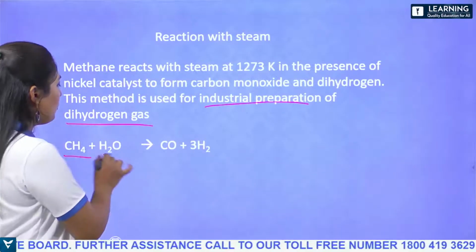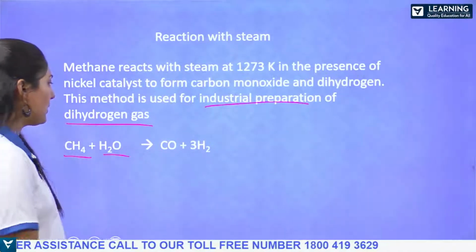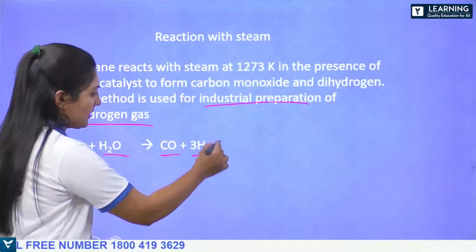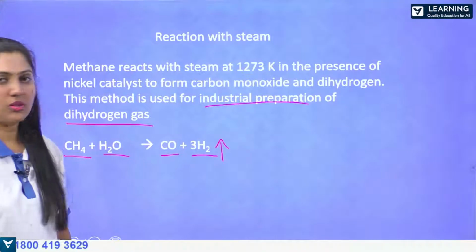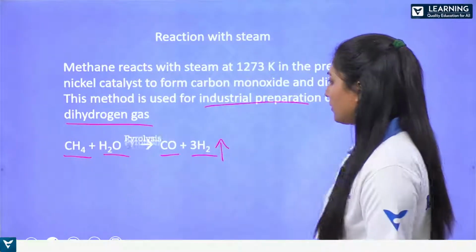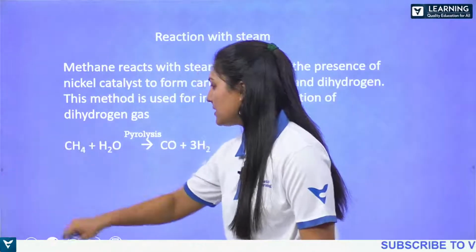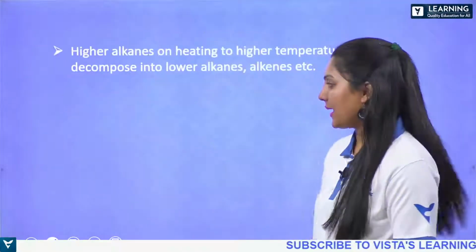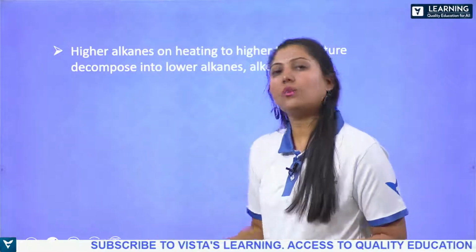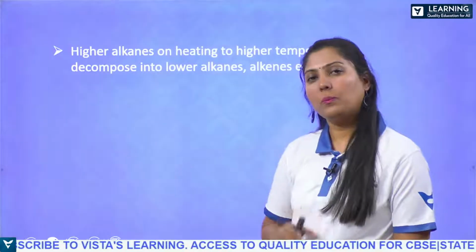So methane reacts with steam to give carbon monoxide with hydrogen gas, or dihydrogen gas. And this process can also be called pyrolysis, giving heat energy and breaking down.